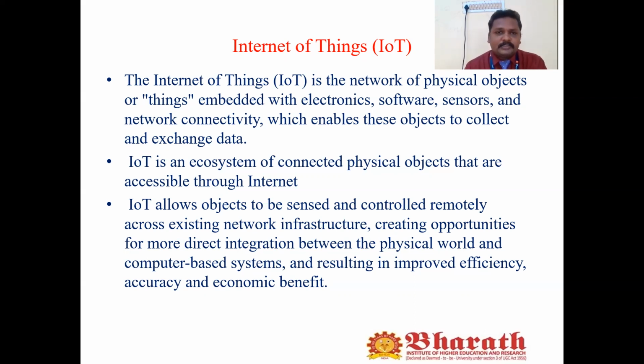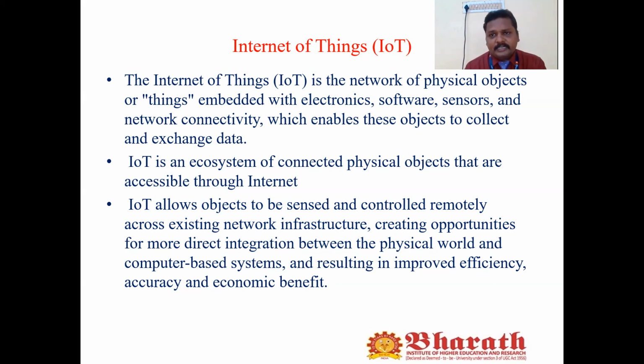Let's say, for example, in our home we need to perform automation, such as controlling the light through IoT. How will that happen? We connect sensors to the fan, and this sensor senses whether the fan is rotating or not.